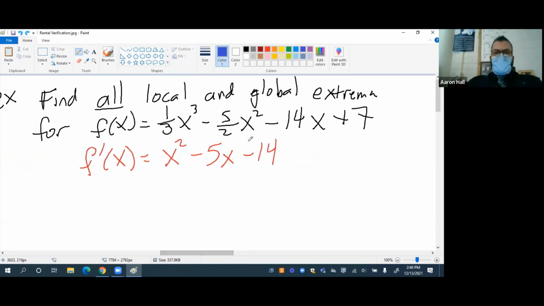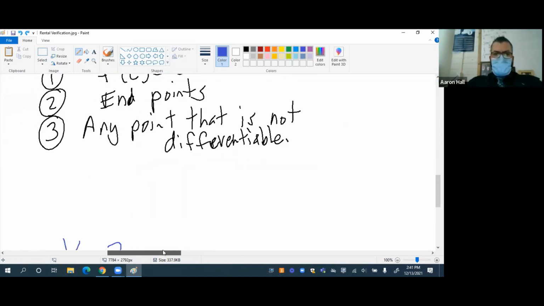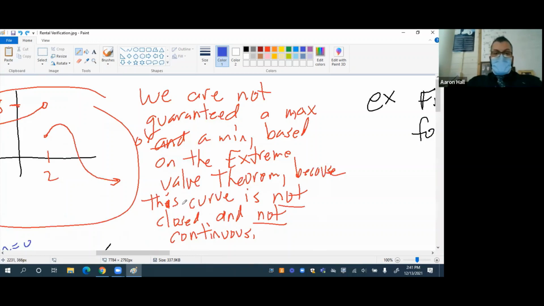Okay, now what do I do? I'm trying to find the local maximums and minimums, local and global. What's the next step, Emma? Oh, set the derivative to 0. Yep.